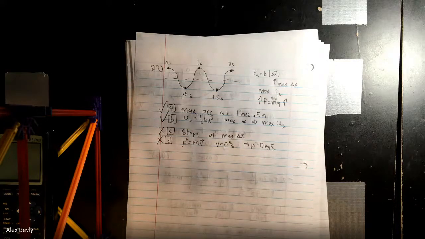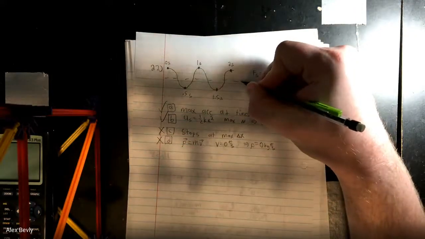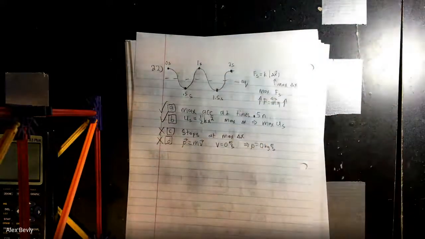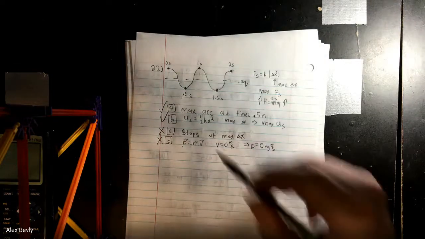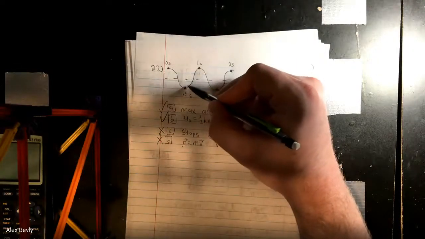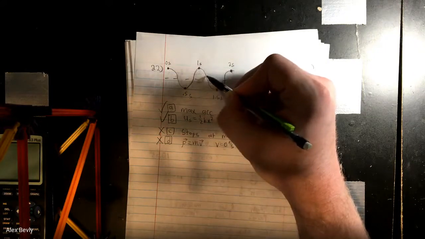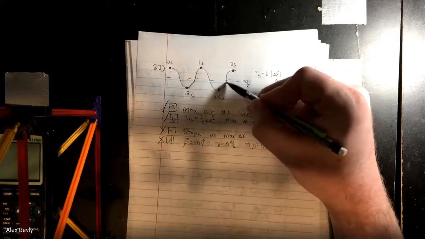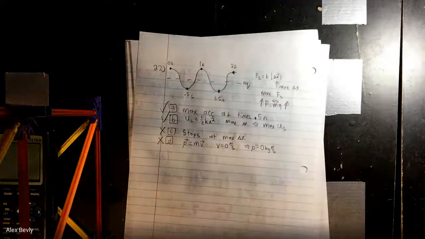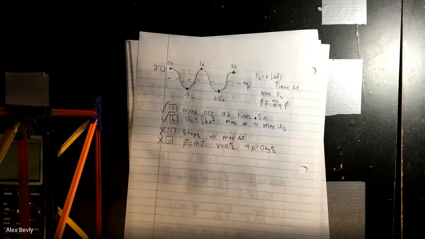I don't care about the number values. Yeah, at equilibrium. So at our equilibrium position, that's where we're going to be going really fast. And if we're going really fast, that means we're going to have the most momentum. So at all of our equilibrium positions, we're going to have the greatest speed and the greatest momentum.